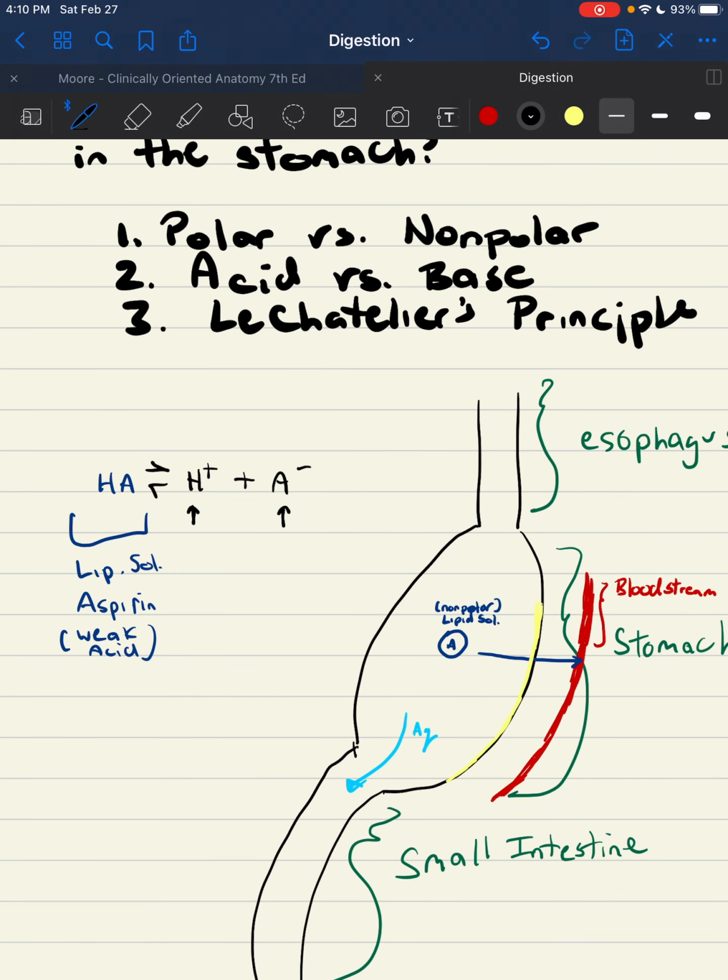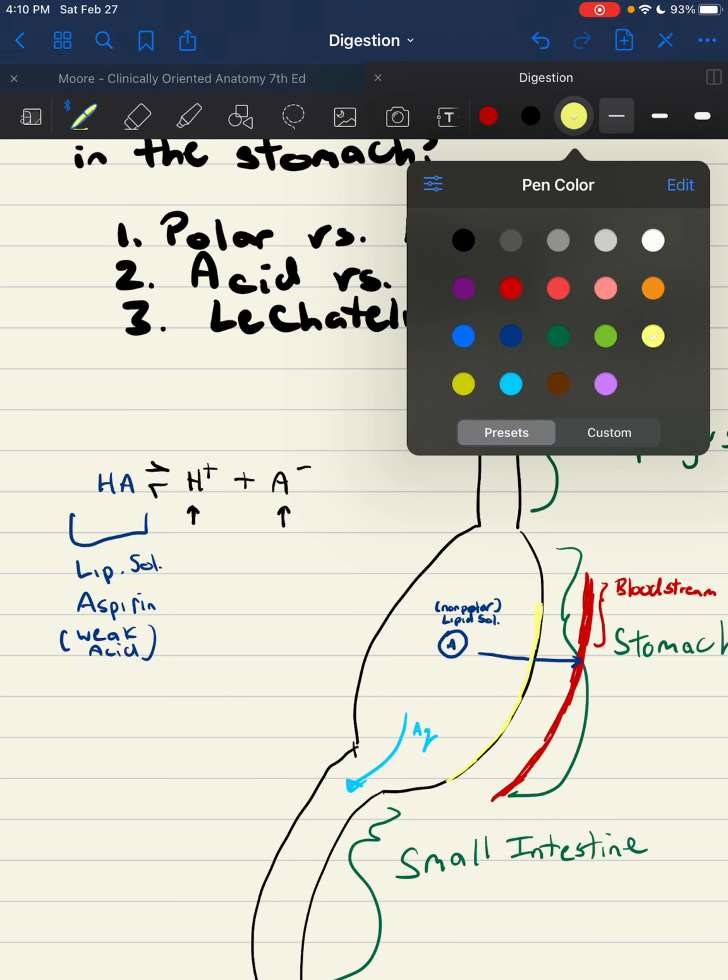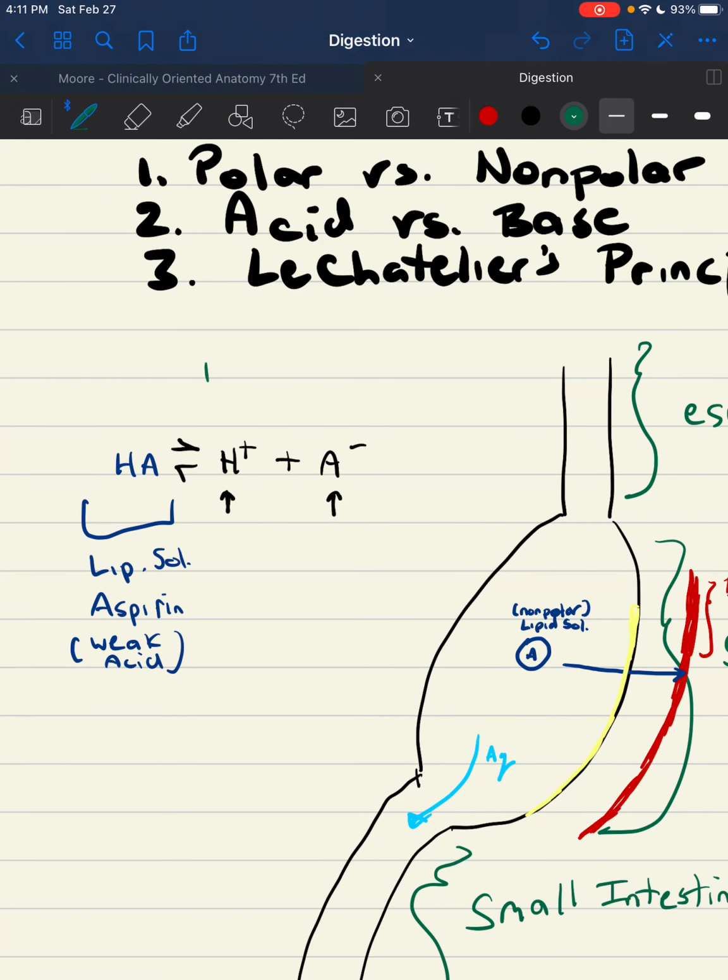Well, let's think about this situation. In your stomach, do you have an acidic environment or a basic environment in general? Well, remember in your studies that you have these cells called parietal cells, and they produce HCl. Remember, HCl is a strong acid, so it'll essentially produce a lot of protons.